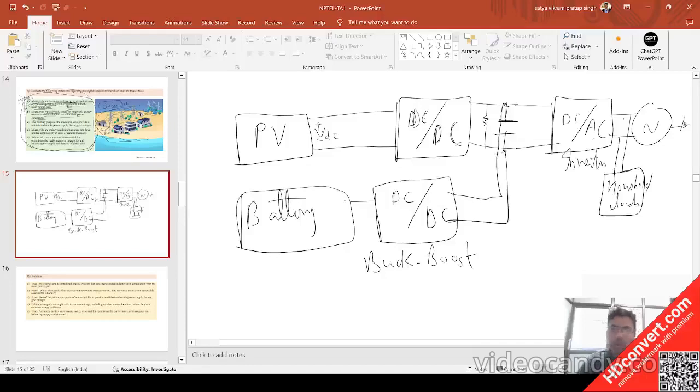Why am I saying that? Because PV generation is not continuous. It has a certain curve, an irradiance curve. In the morning it generates very much power, then in the afternoon it generates a certain amount of power. After that it generates a lesser amount of power, then it falls down.